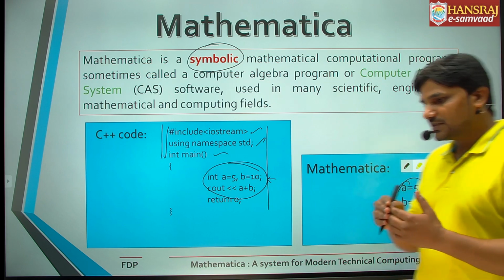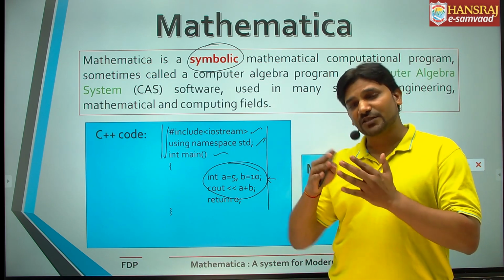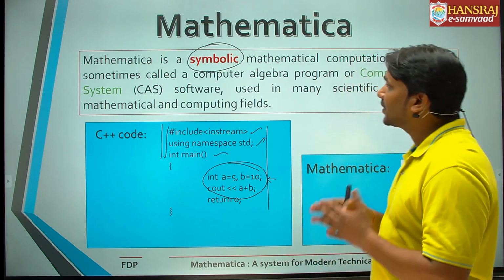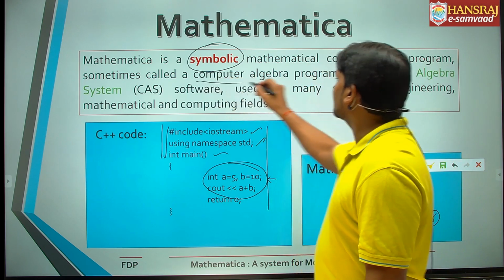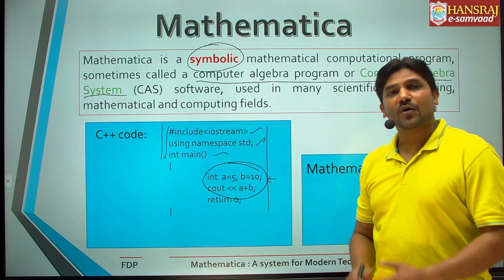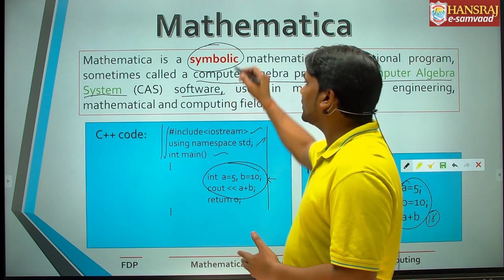So there is a big difference between programming languages and such software, and these software are known as Computer Algebra System software, and in short we can call it CAS software. So Computer Algebra System software work on symbols.